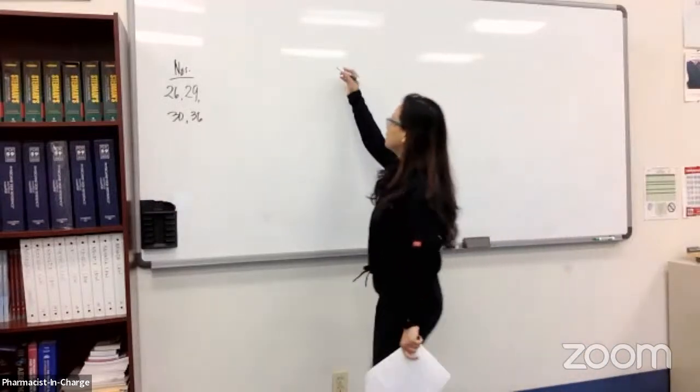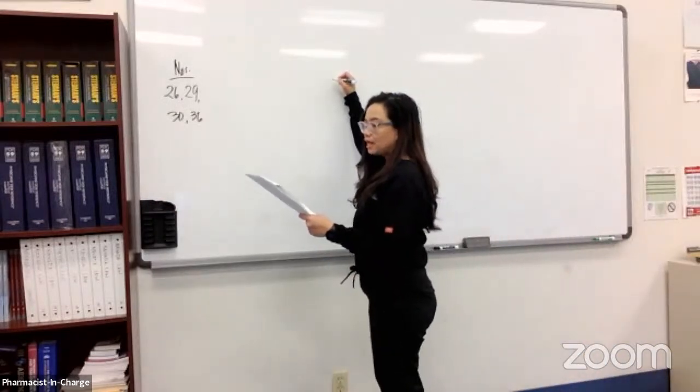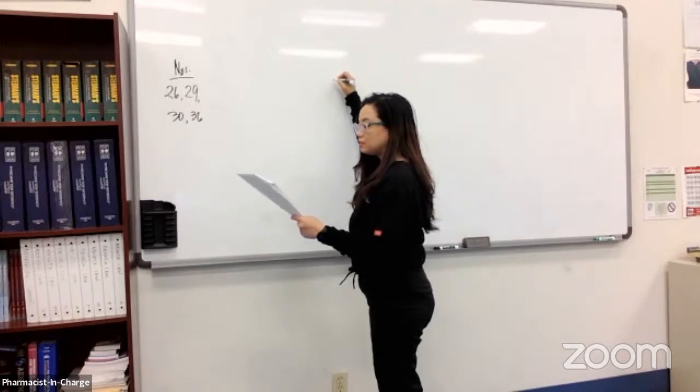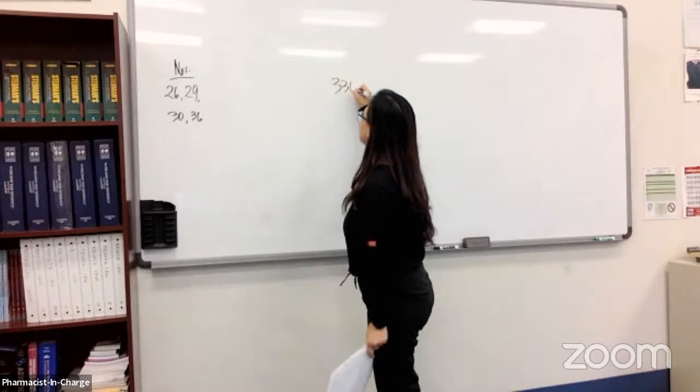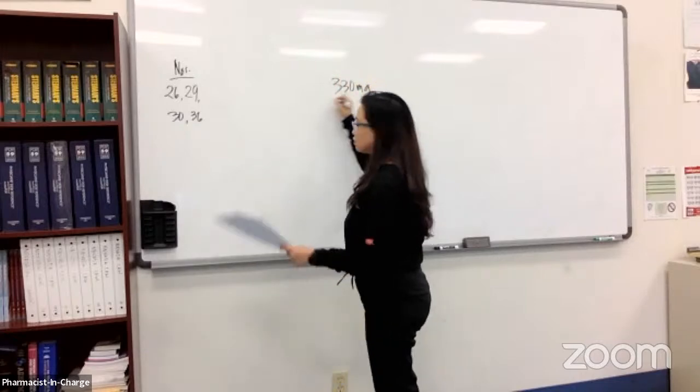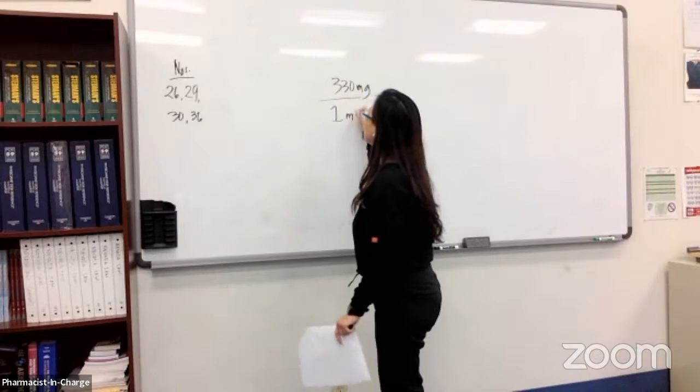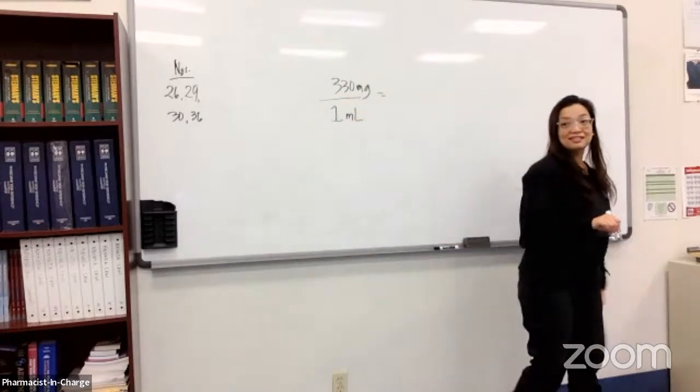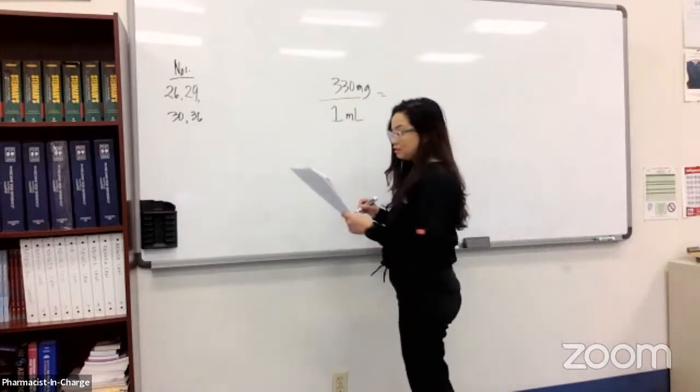Okay. So, how to calculate the amount of drug that needs to be given to the patient? It can be as simple as 330 milligrams per ml, because that's your concentration, correct? Ratio and proportion, always.